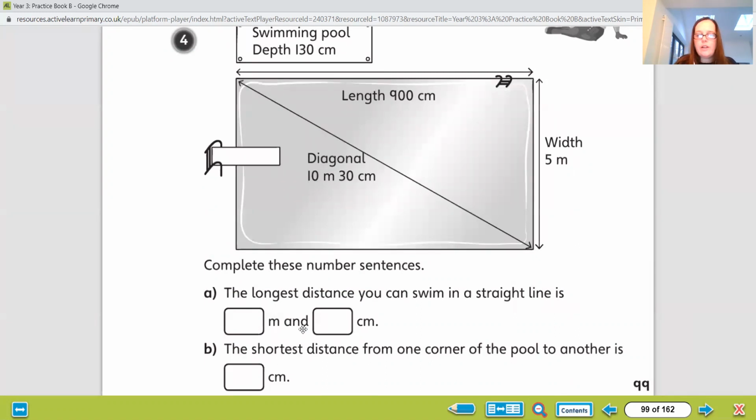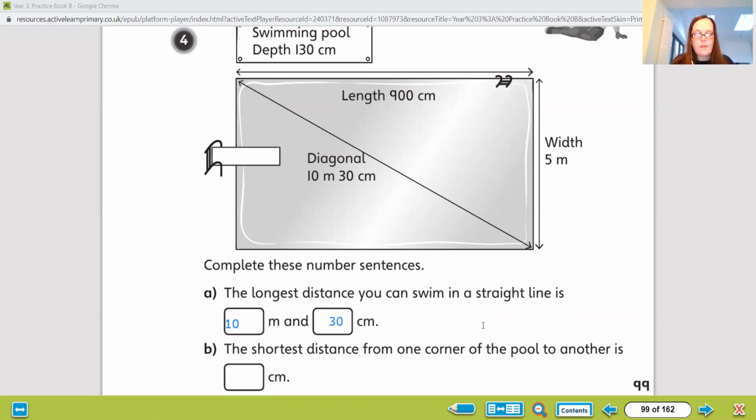What's the longest distance you can swim in a straight line? So which one of these is the most? It's this one, isn't it? 10 metres and 30. We're going to put 10 metres and 30 centimetres.